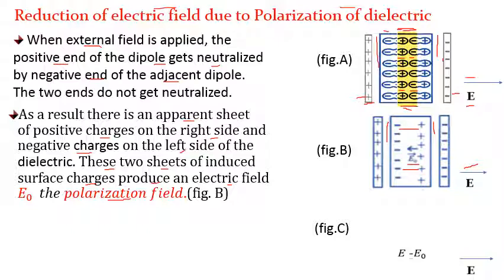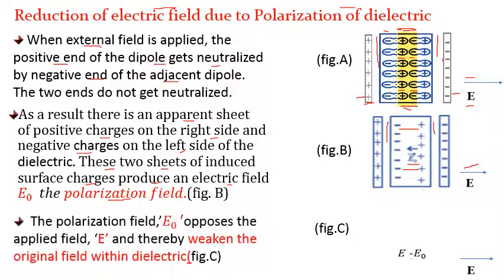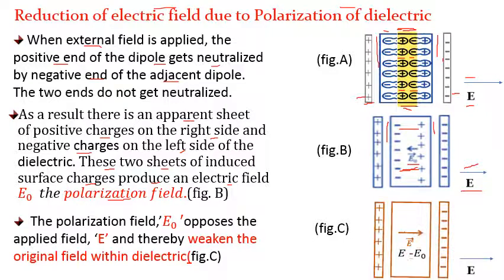Clear? What is this polarization field? Next to this, due to this what is happening? The applied field is in this direction, the inside field is in this direction, means these two are opposite to one another. So inside, the resultant field, which is nothing but E dash, is the difference between the applied field and the polarization field, means by this E0 the applied field is reduced, or this E0 opposes this applied field.